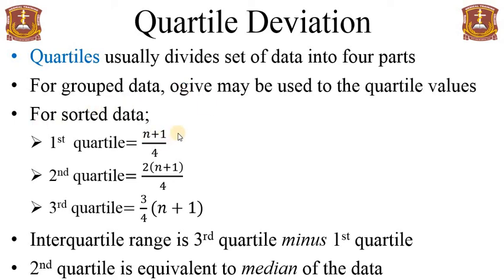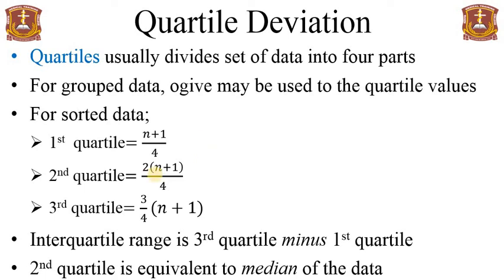For sorted data, you'll first find the first quartile by taking the number of entries plus 1 divided by 4, and that will give you the first quartile entry. So n plus 1, where n is the number of entries, divided by 4 will give you approximately the location of the first quartile entry.